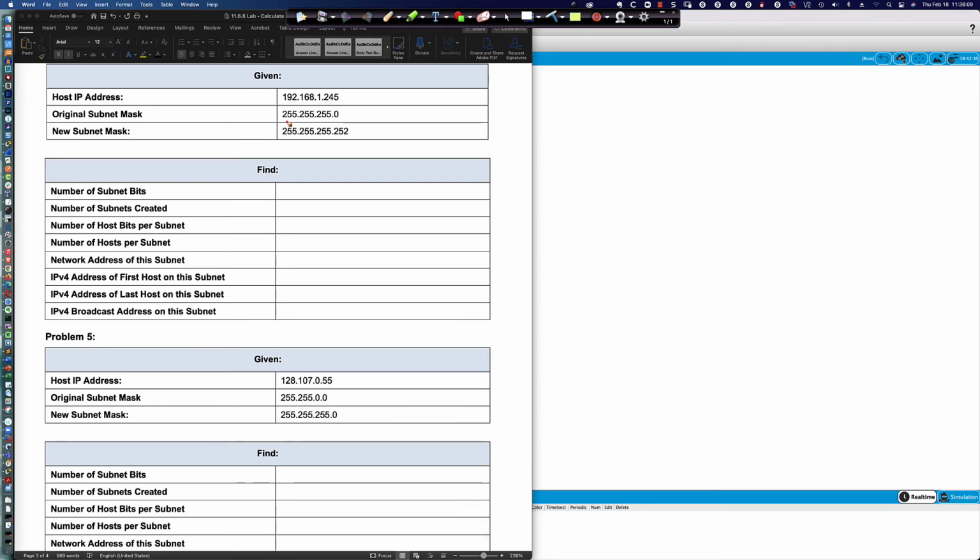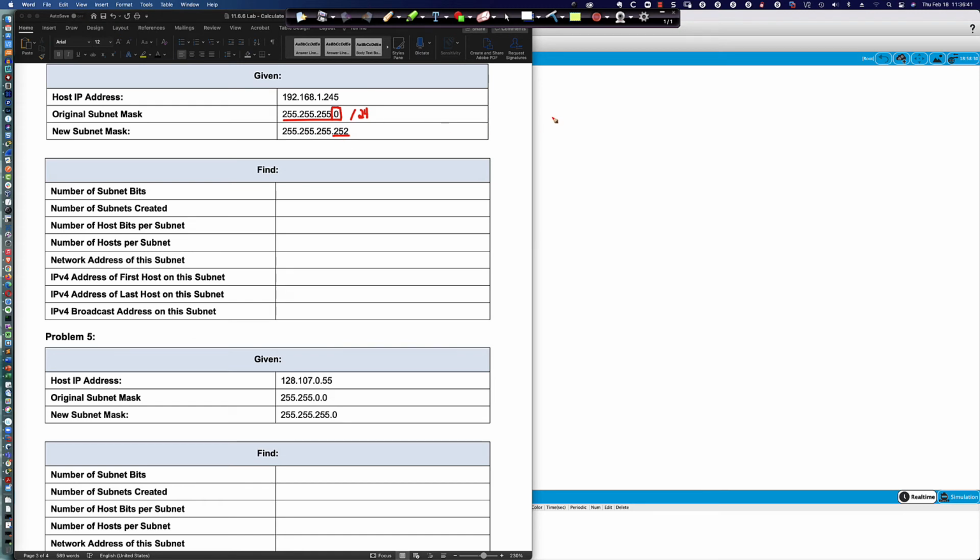So it's a class C, and lo and behold, there is our original classful subnet mask, a /24, and we've got it subnetted because we don't need 254 usable IPs. We need fewer than that. So we borrow from that last 8 bits, we borrow network bits to create more subnets.